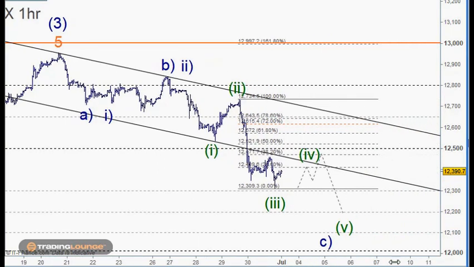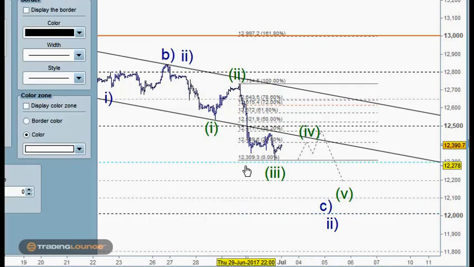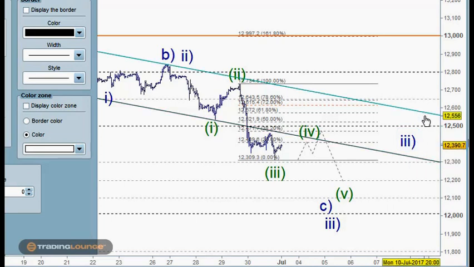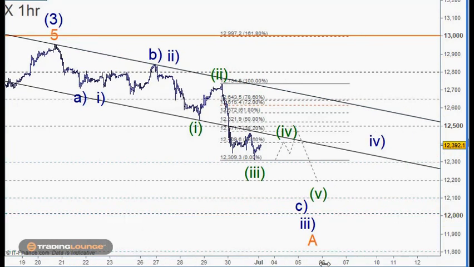We could also have this down here as wave 3, and then we would get a wave 4 and a wave 5 down further. But this leg coming down could also be an A wave in terms of 3 waves down, and then we'll have a flat correction, but we don't need to go there just yet.